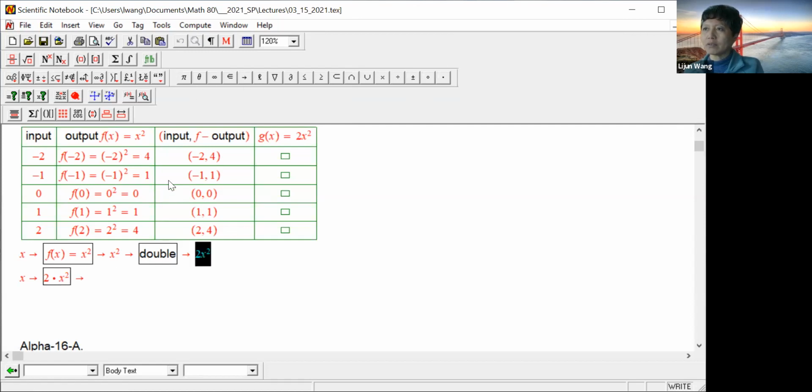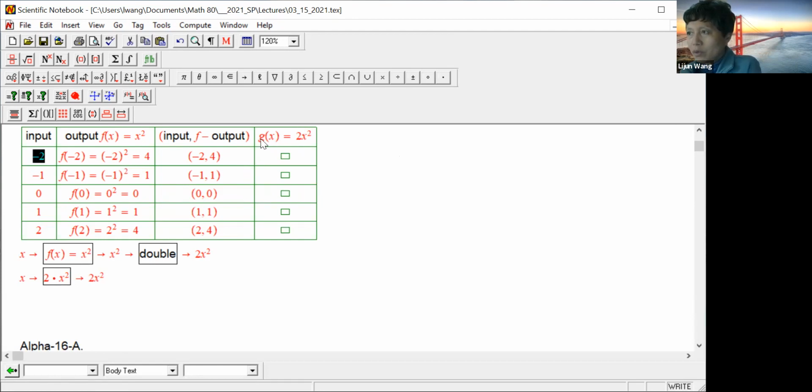Either way is fine, really. The perspective you see doesn't have to be unique. But the bottom line is that you have x squared and you double the outcome. You double the output. So what happens?